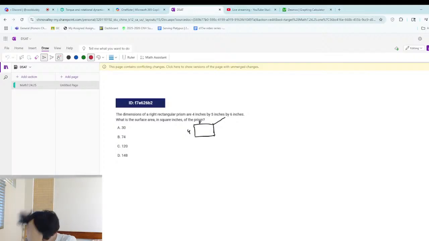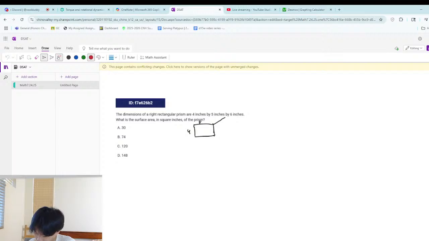What we can do here is basically add up everything. So we know that this is going to be 20, this side, and this is going to be 30, so it's going to be 30 plus 30 plus 20 plus 20 plus 24 plus 24.